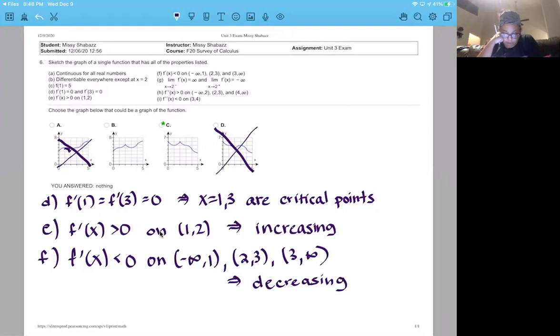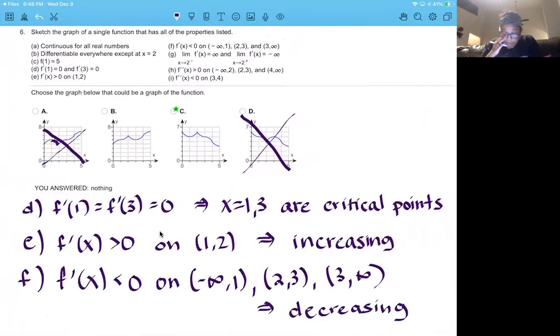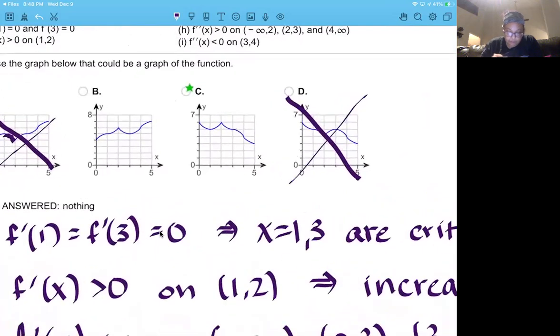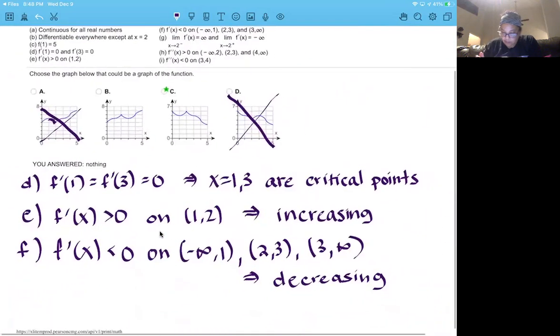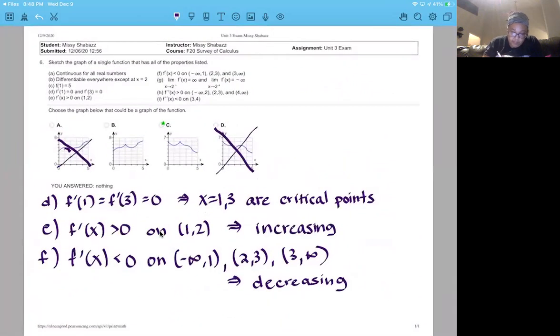From negative infinity to 1, well, I think that takes out B, right? Because from 0 to 1, it's increasing. From 2 to 3, it's decreasing. And 3 to infinity, it's increasing. So we can get rid of B. All right, so we know that the answer is C, but let's continue.